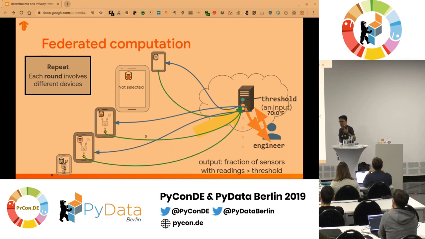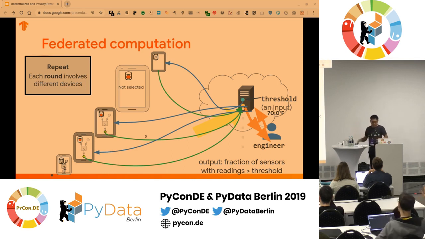The same thing applies for federated learning as well, because the fact that you're selecting a potentially different set of devices every single time gets you to learn more. In this case, you will compute a more accurate fraction of sensors with readings as you pick more and more devices.